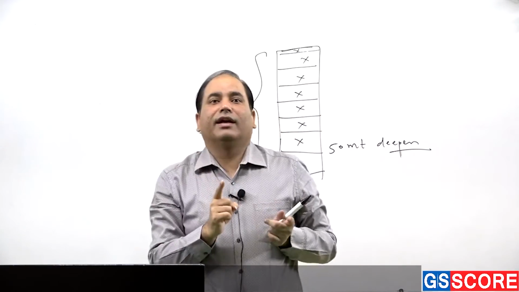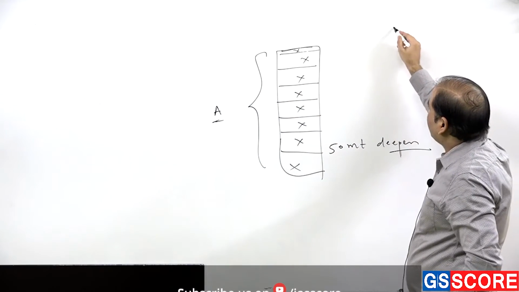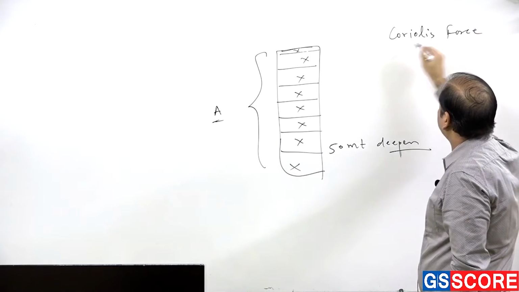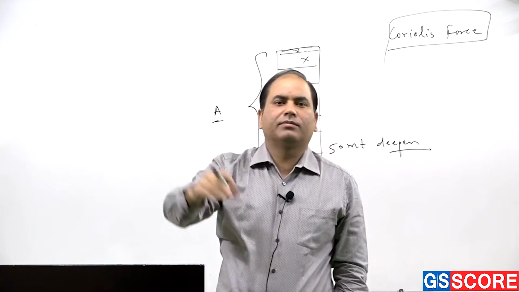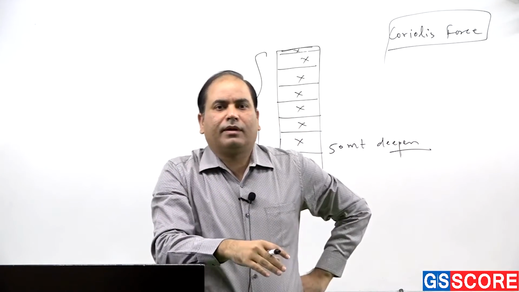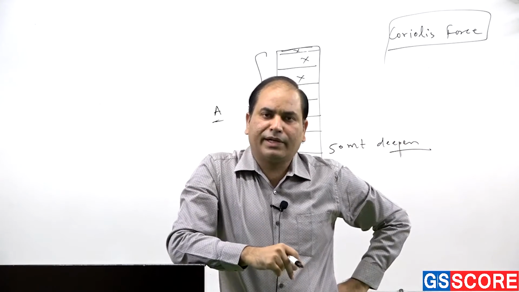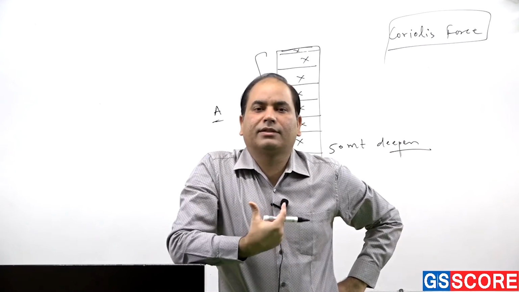Now Ekman suggested that we also have one of the forces on the Earth's surface, that is the Coriolis force. We'll discuss it in detail in some other lecture. In simple terms, the Coriolis force is caused due to the Earth's rotation.